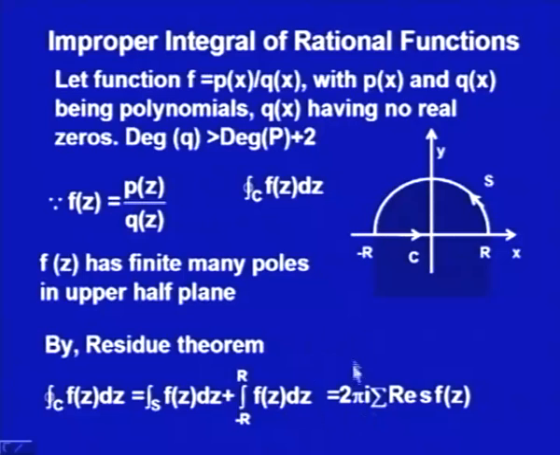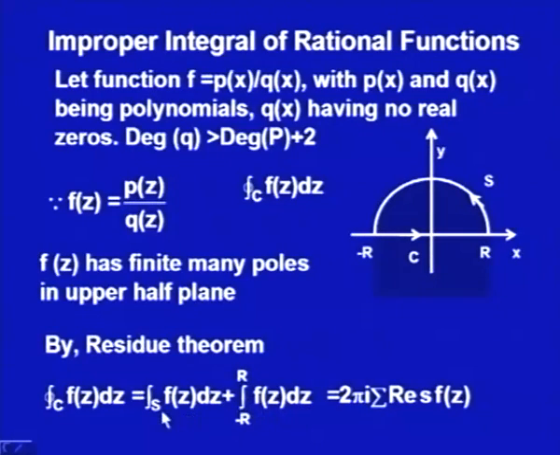Since we are talking about the residues, residues are certain finite numbers, and the sum of these would be finite. So, when I put the limit as r approaches infinity on both sides, this side being a constant not depending on r, it would be the same as this one. Here this would change to the improper integral from minus infinity to plus infinity of f(x) dx.